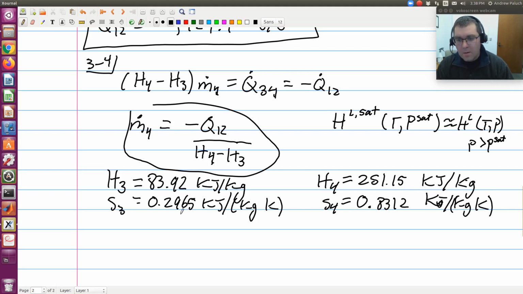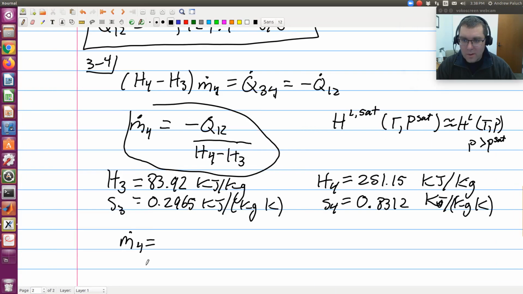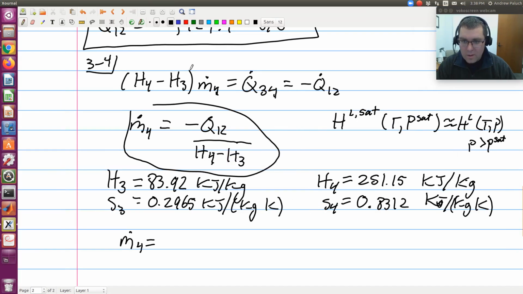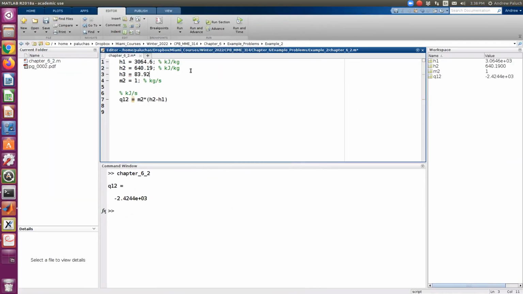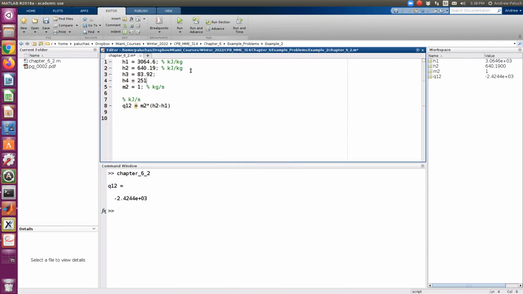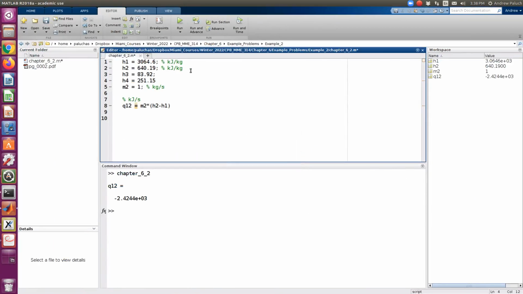All right, so let's hop over to MATLAB, and I'll solve for the mass flow rate of cooling water necessary. Let's type in our enthalpies. Actually, let me just keep listing them right up here. H3 is 83.92. H4 is 251.15.